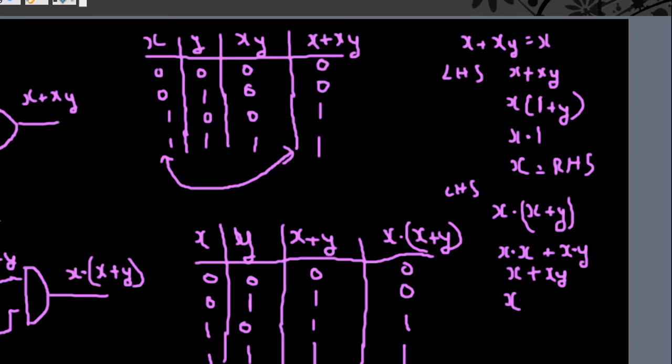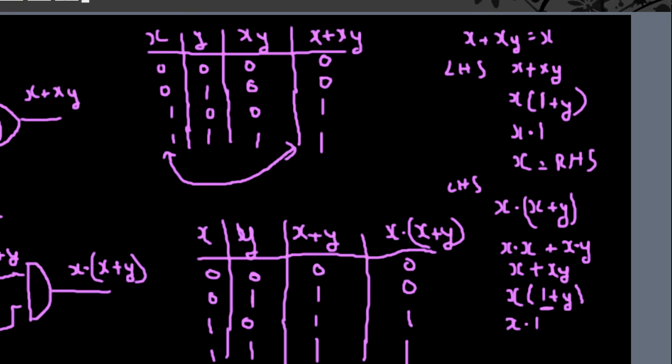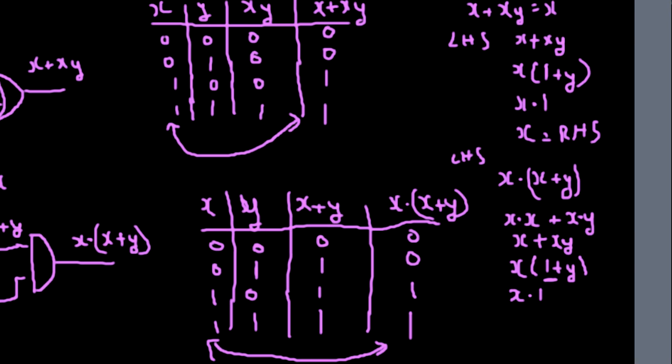Now again you can take x common out, you'll get x times 1 plus y. Now you'll solve this using the property of 1, which gives x into 1, and again by the property of 1 it is x, which is equal to our RHS. In the next video we'll learn about De Morgan's law, and that will be our final law. I'll see you guys in my next video.